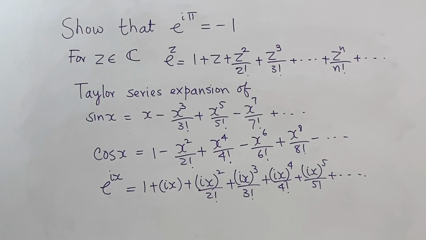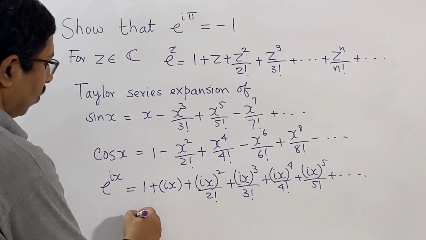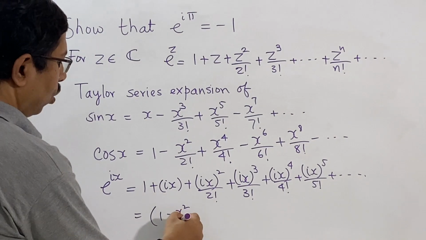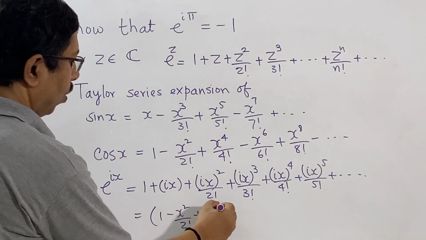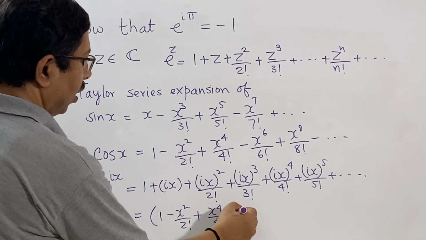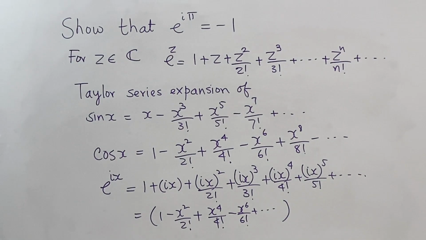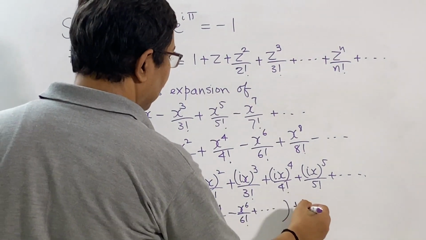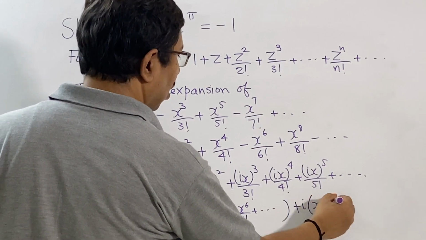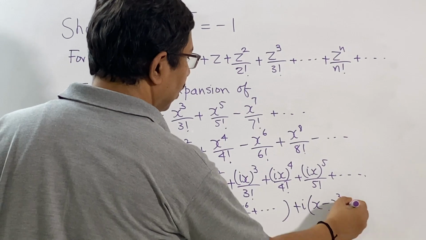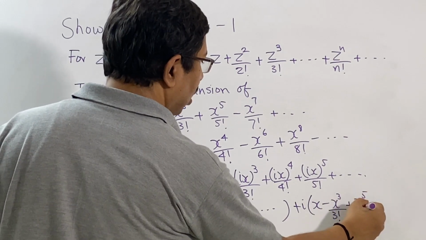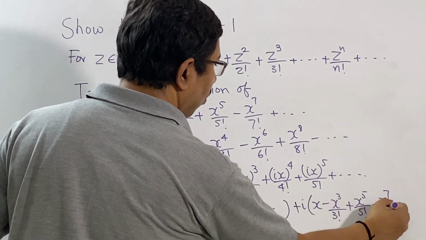Now, if we use the fact that i square is equal to minus 1 and separate out the real and imaginary parts, then what we get is 1 minus x square by 2 factorial plus x to the power 4 by 4 factorial minus x to the power 6 by 6 factorial, and so on. And the imaginary part is i into x minus x cubed by 3 factorial plus x to the power 5 by 5 factorial minus x to the power 7 by 7 factorial.